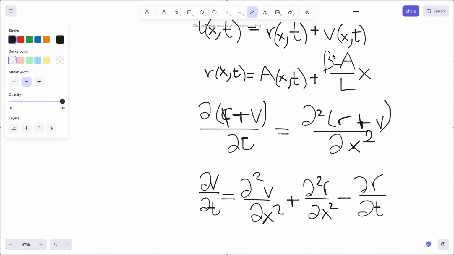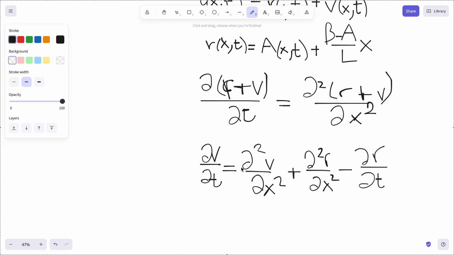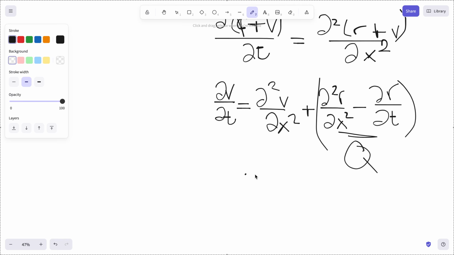Well, you could solve it, but abstractly, this is what our new equation will look like. And we'll call this term right here q bar. And you'll notice now that we are dealing with an inhomogeneous partial differential equation.